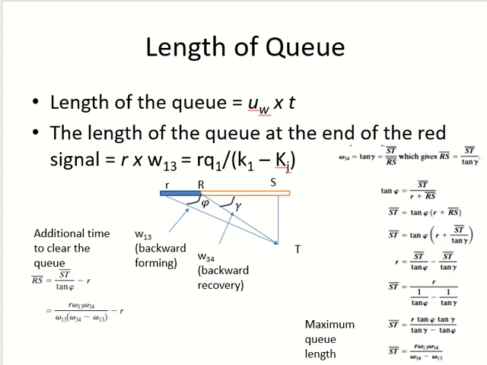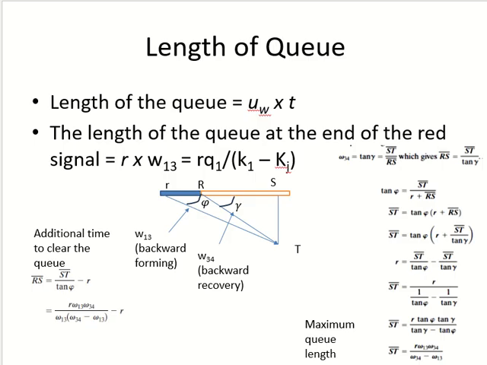If you know the angle, the slope is the tangent of the angle, right? So the speed of the shock wave is distance upon time, which is the tangent of this angle.